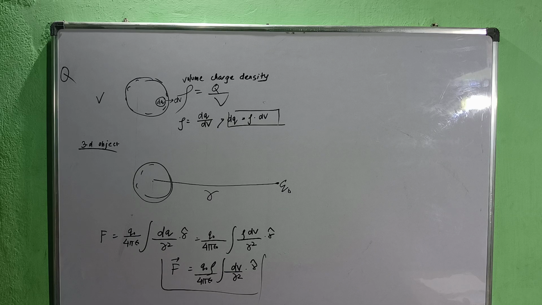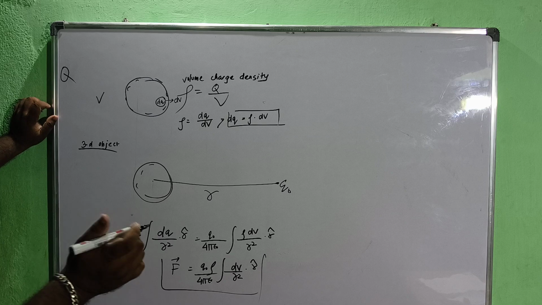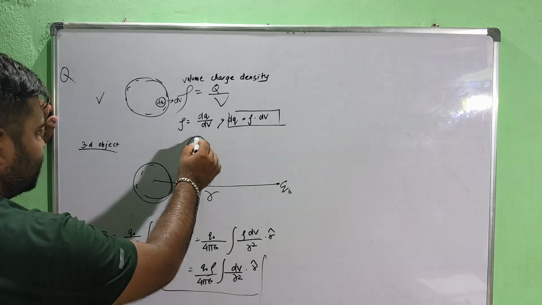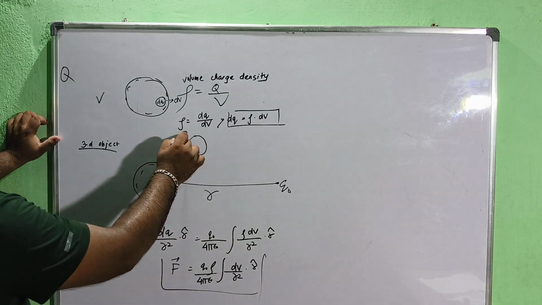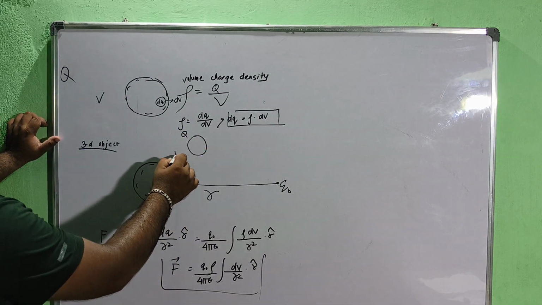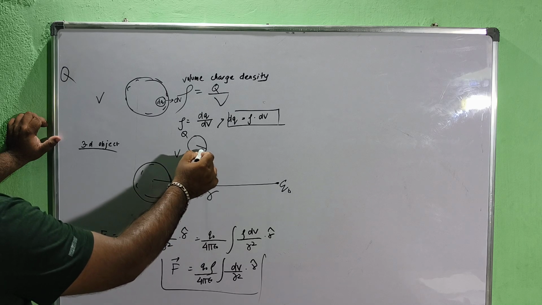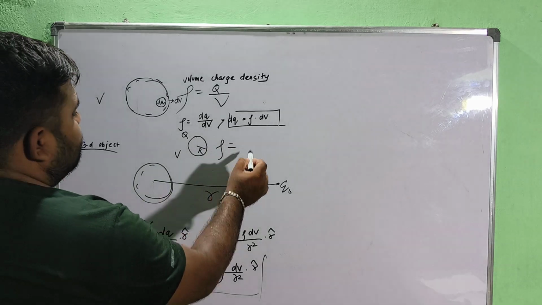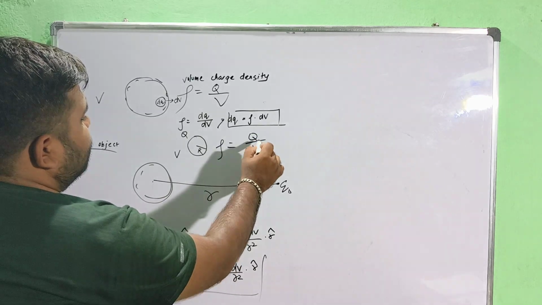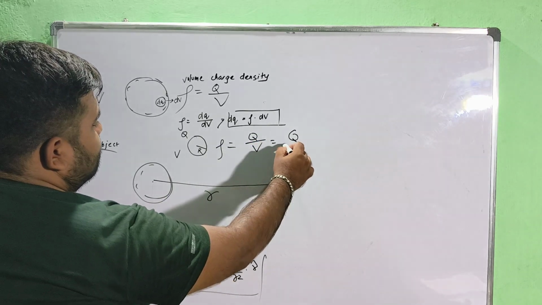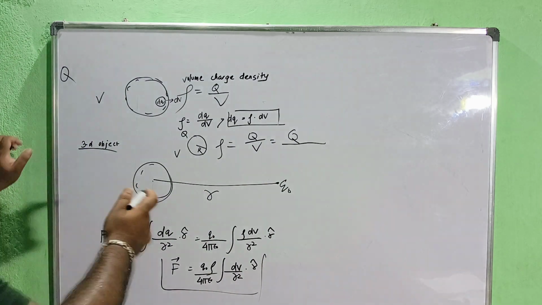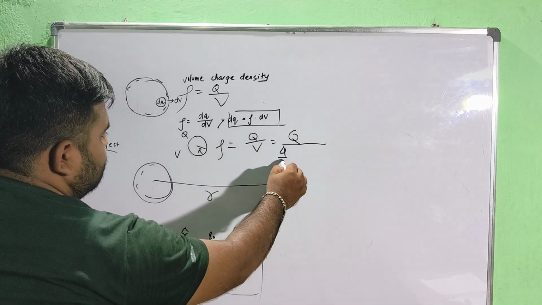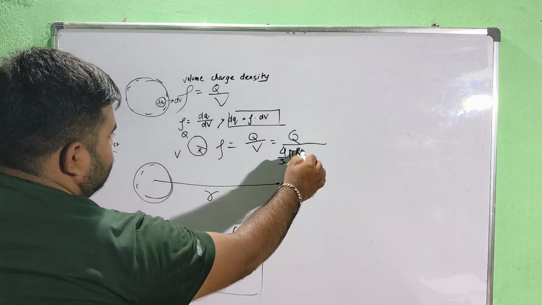If you have not understood the volume charge density, then we can consider a uniformly charged sphere. Let Q be the amount of charge present on the sphere and V be its volume. Let the radius be R. So rho equals Q upon V. We know that the volume of a spherical object is 4 upon 3 pi r cubed.